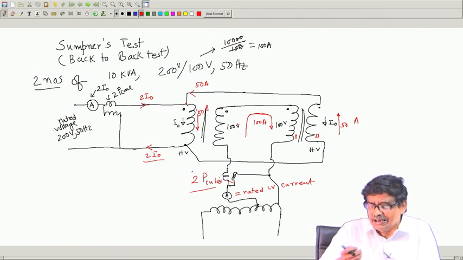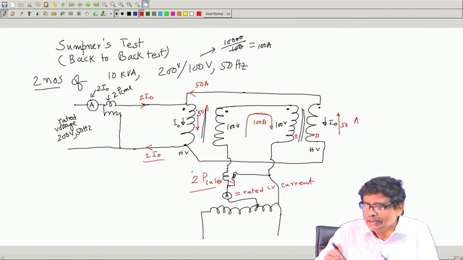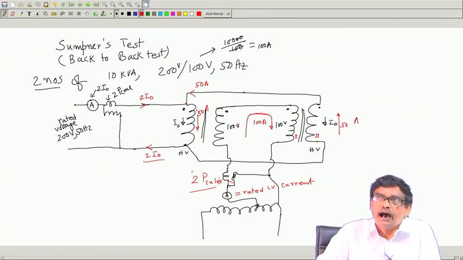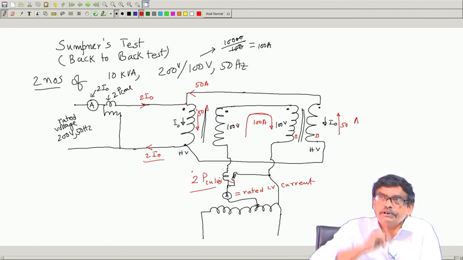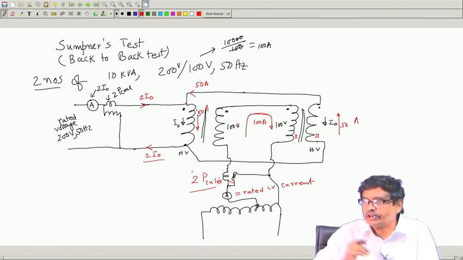I mean, just put some thermometer there, I am just telling that I can measure the temperature rise at some convenient places. What I am telling is that temperature rise must be higher compared to either the open circuit test or the short circuit test.